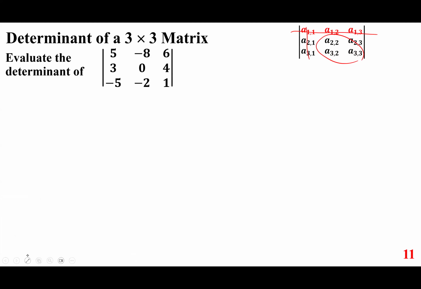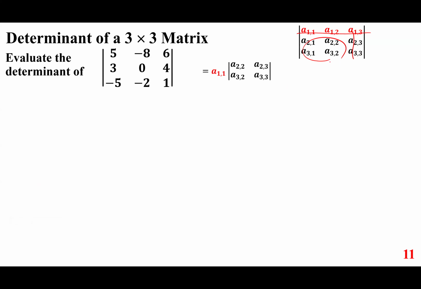Let me erase this. This is always crossed out. Minus A sub 1, 2 times the determinant of what's remaining. And then plus A sub 1, 3 times the determinant of this one. So this is what we get.